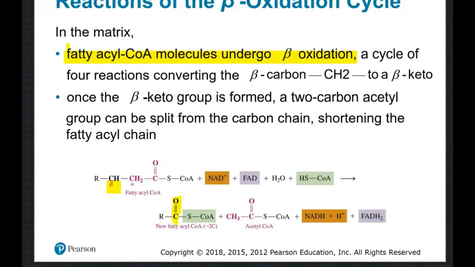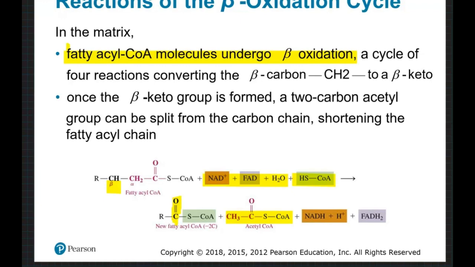Can you see that? And at the same time, acetyl-CoA is formed. So for this, you need an extra coenzyme A, and you need NAD plus and FAD in order to collect electrons taken out during this process, during oxidation.